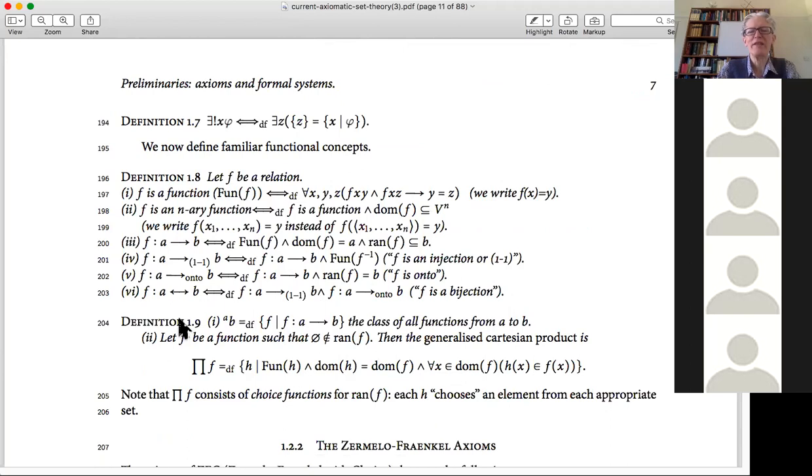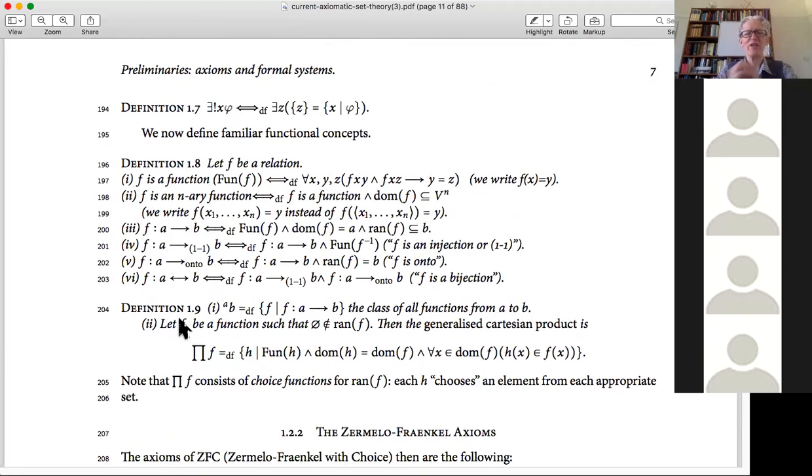And now 1.8 here is specializing relations to functions. A function, abbreviated as this, is a relation. It says this f gadget here is a function, and it says it's single valued. Right? For any x and y and z, if xy is in the relation f and xz is in the relation f, then y equals z.